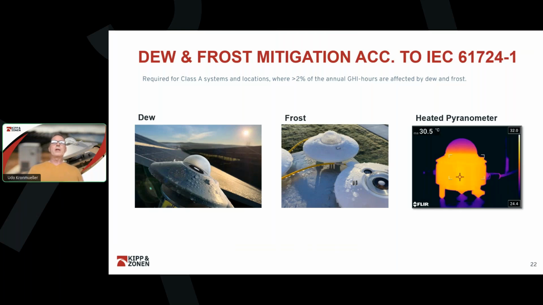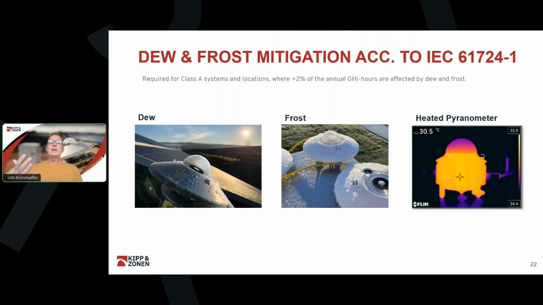This is required for Class A monitoring systems at locations where more than 2% of the annual irradiance hours are affected by dew and frost. The outside left picture shows a situation where the modules are covered with a dew layer in the early morning hours. This of course will lead to a delayed ramping up of the plant performance until the rising sun has burned away the dew layer.